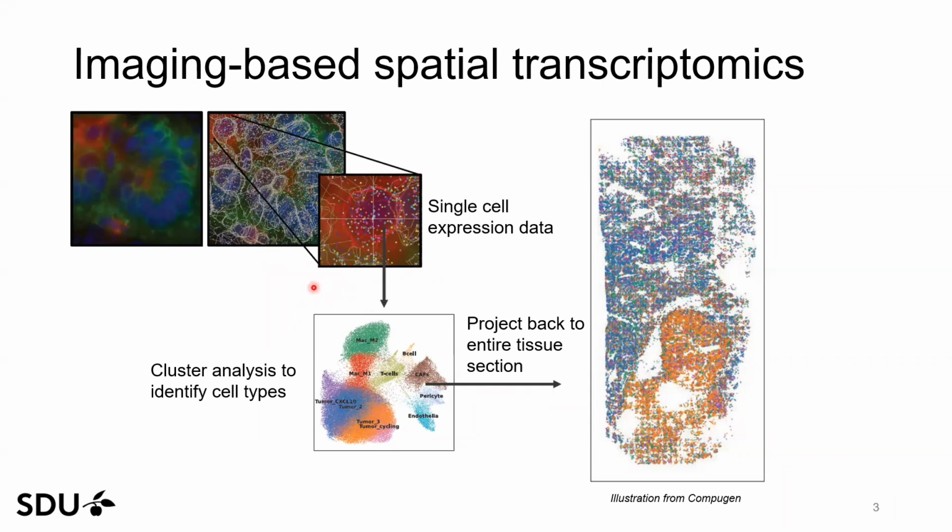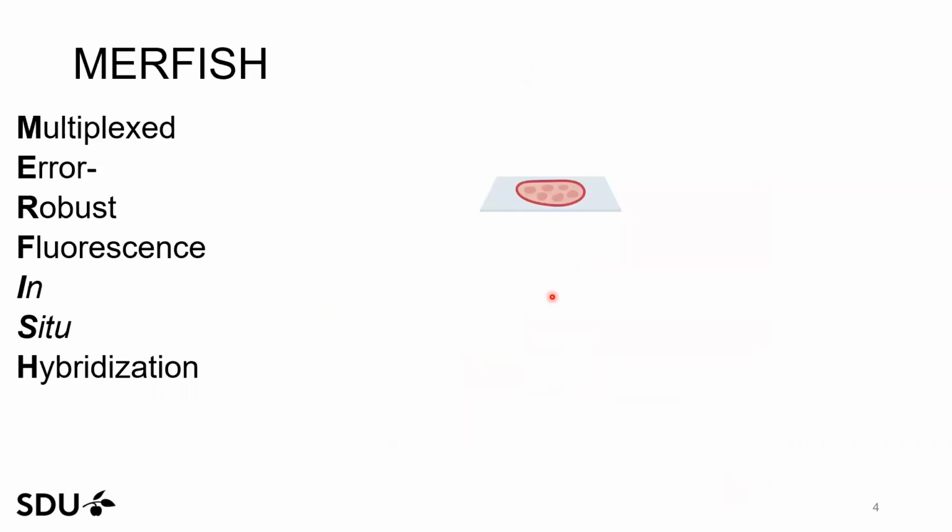We can then pull the data out and do some more classical analysis, for example, cell typing, and then we can project this information back into the tissue context of the given sample. There are many different techniques for doing this, but we have chosen to work with this method called MERFISH. This is multiplexed error-robust fluorescence in situ hybridization.